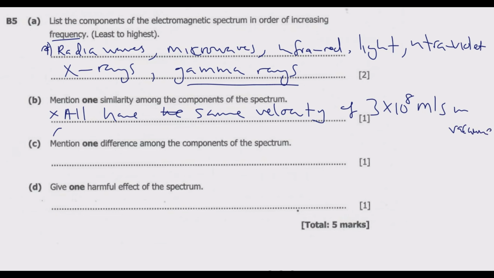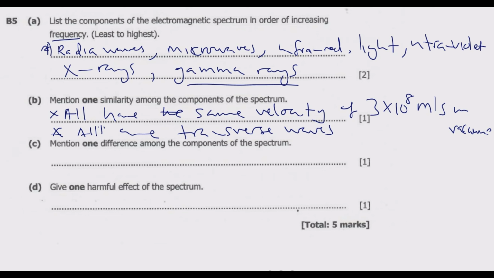Then in case we're asked to mention 2 or more, number 2, they are all transverse waves. Number 3, you can also say they all carry energy from one place to another.